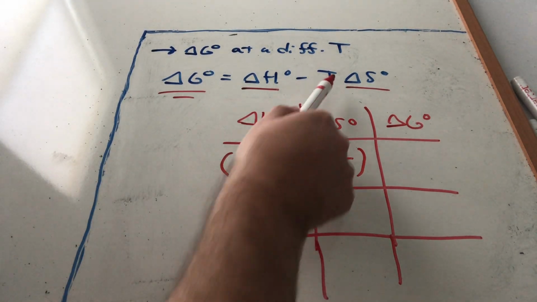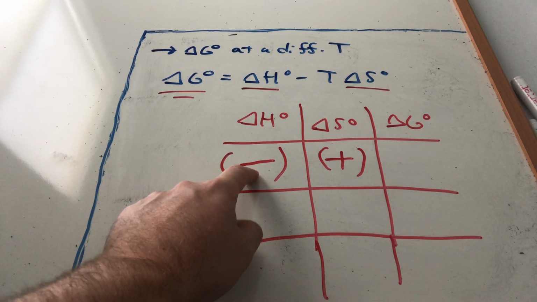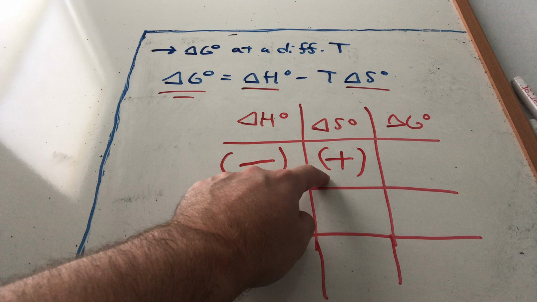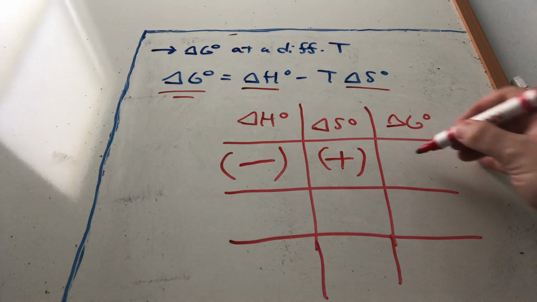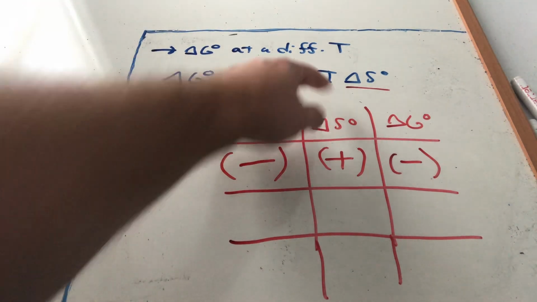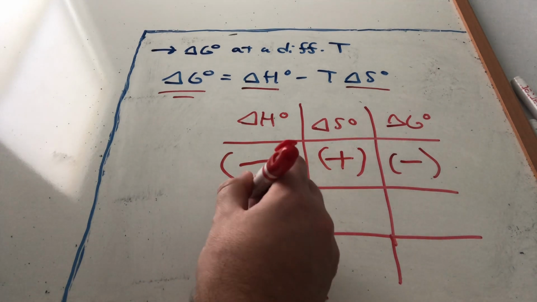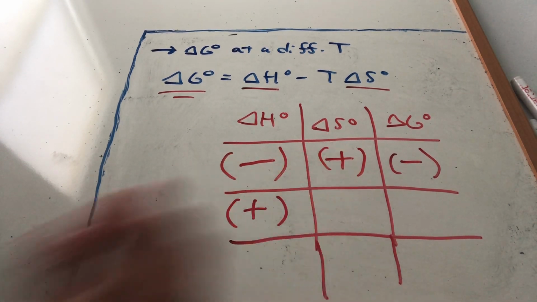Then no matter what I do with temperature, if delta H naught is negative and delta S naught is positive, for these situations where we have an exothermic reaction and entropy is increasing, delta G is always negative. Now, why is that important to know? That means that no matter the temperature, I'll always have a spontaneous reaction, no matter what.